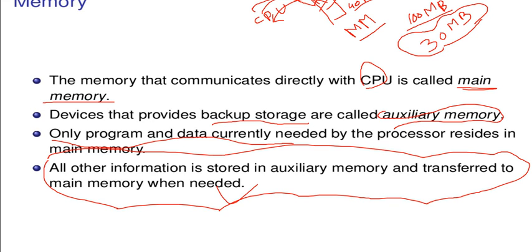Actually, these things don't go like this, but I'm talking about it because I want to show that only data that is needed by the CPU at a particular time is stored in the main memory, and all remaining data is stored in auxiliary devices.